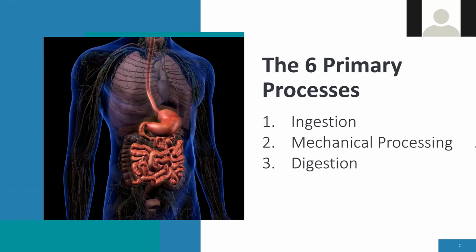And then the third part is digestion, and we're going to get into a little bit more of the definitions of these and which structures come into play with them. But digestion is chemically breaking down that food, right? So we eat big proteins, we have to break them down to the small amino acids that our body's going to be able to use. Or big carbohydrates, we have to break down to simple sugars.